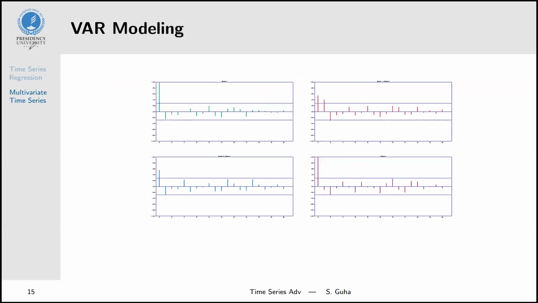And if you look at the correlation function, you'll see it is decreasing very rapidly. The second variable has some effect on the first variable, like in lag 2 there are some influences, whereas the first variable doesn't have much effect on the second variable, because beyond lag 0 no influence can be seen.